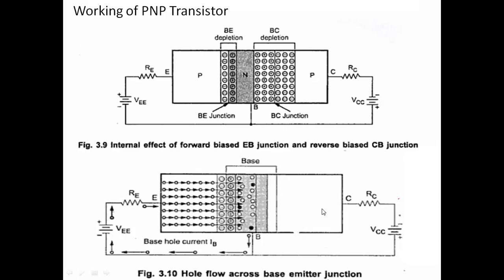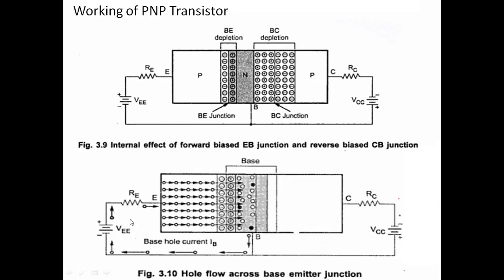region. So in the collector region, what happens? Here this is the negative terminal. The negative terminal will attract the positive charge carriers, and due to that a large amount of current will flow through this circuit. So a large amount of holes will be attracted, and due to that a higher amount of current will flow at the output side.